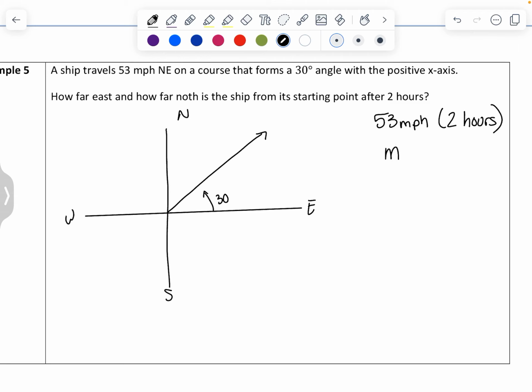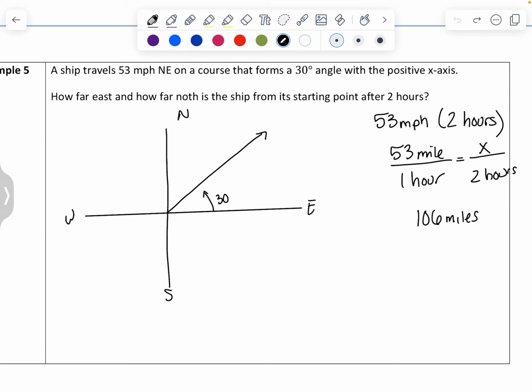And so if it's traveling 53 miles per hour, how far is it going in 2 hours? You would have to multiply these together. So 53 times 2, it's going to go a total of 106 miles in 2 hours.